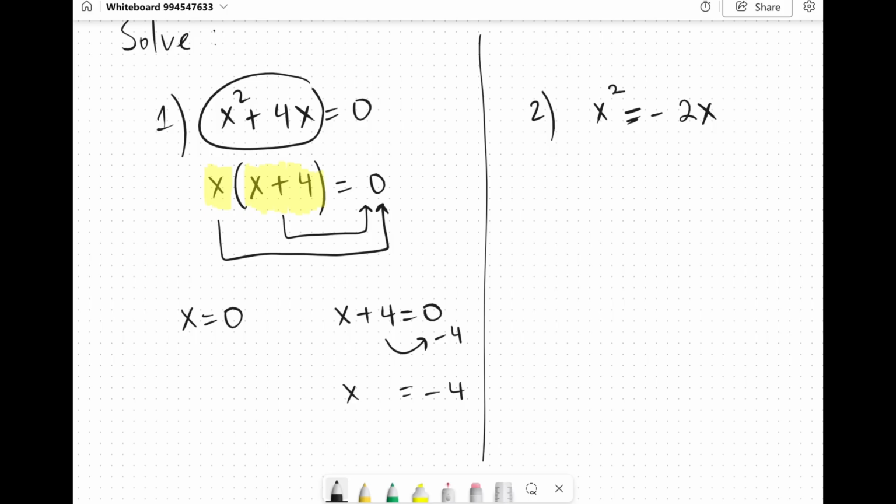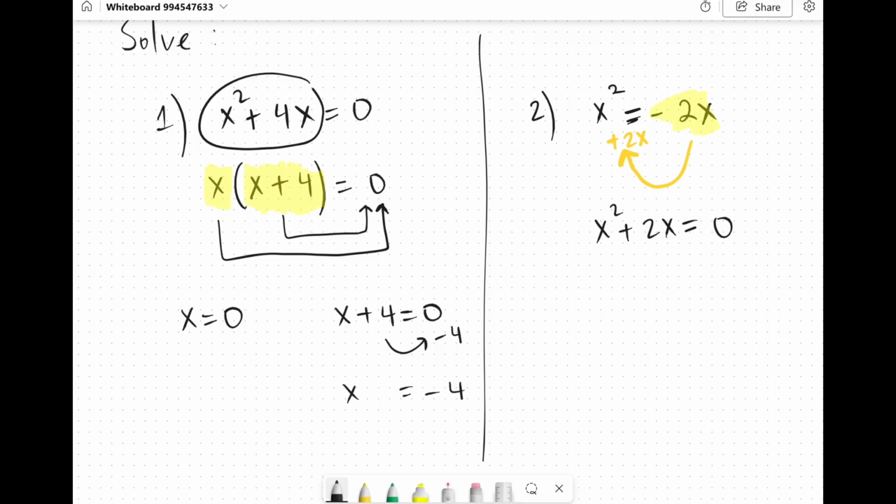To be able to solve it with factoring, you will have to make a 0 where you currently have a negative 2x. So that negative 2x needs to travel to the left. Since it's crossing the equal sign, it will become a positive 2x on the left. And since it's not going to be on the right side anymore, that's where you have that 0. So x squared plus 2x equals 0.